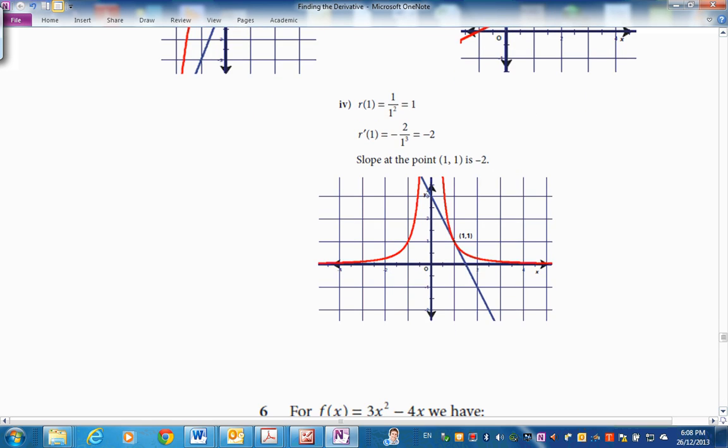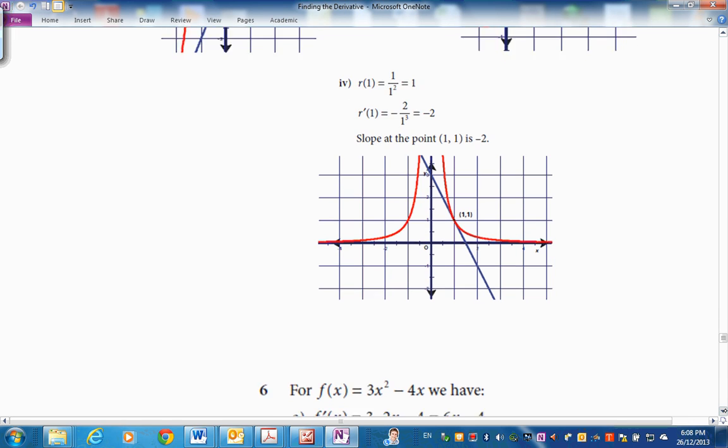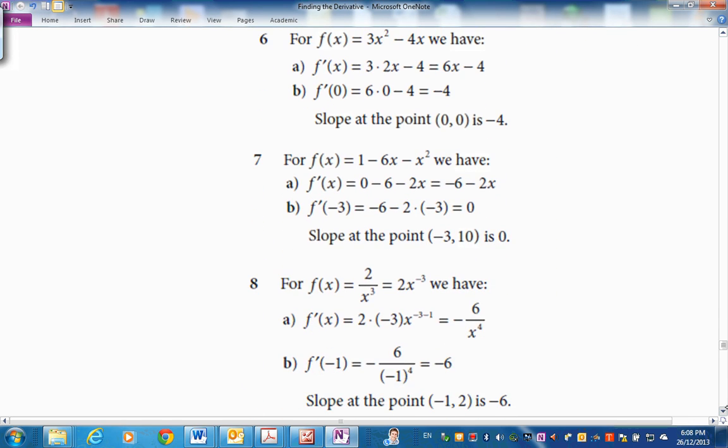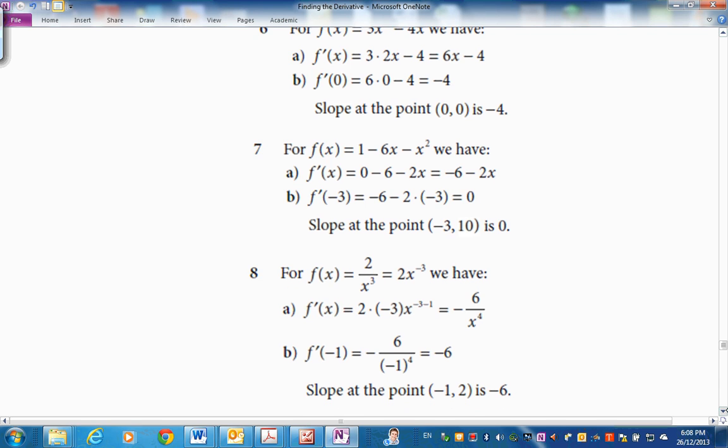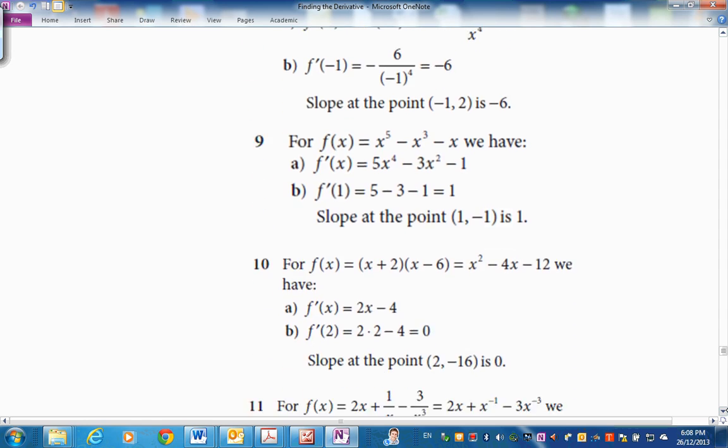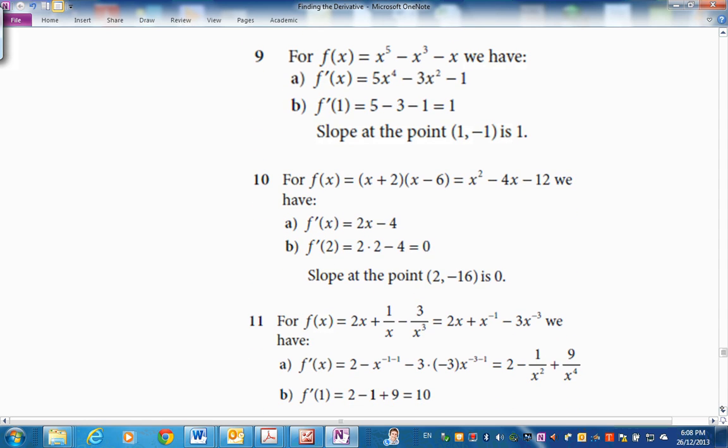Okay, drawing a picture helps, doesn't it? And then question 6, 7 and 8. I haven't put in the graphics display calculator check there. You can do that for yourself. Okay, 9 and 10. Can we get on 11? Yep. 9, 10, 11.